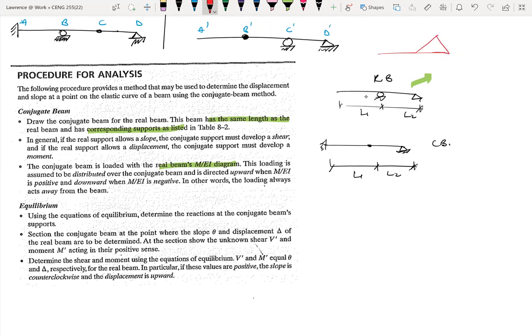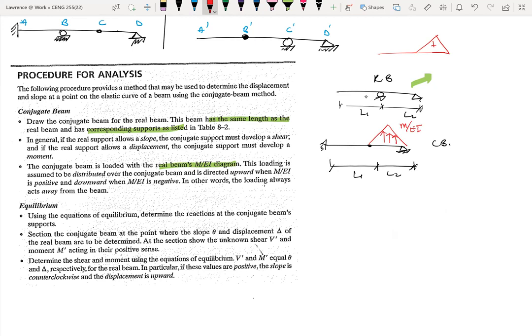We have to come and put this bending moment diagram, assume it's a positive bending moment diagram, on the conjugate beam as a load. We call this the M over EI diagram.